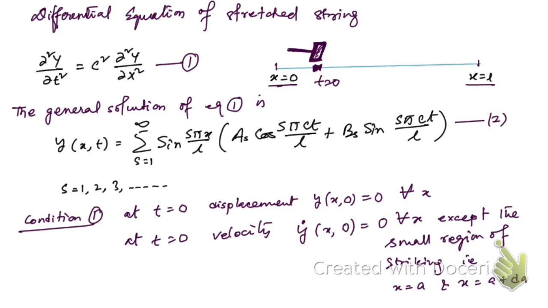That is a very small region. So this point is, suppose, x is equal to a, and this point is x is equal to a plus dA, where dA is very small. Okay, so hope you have understood this.